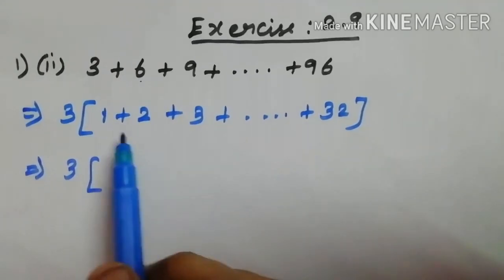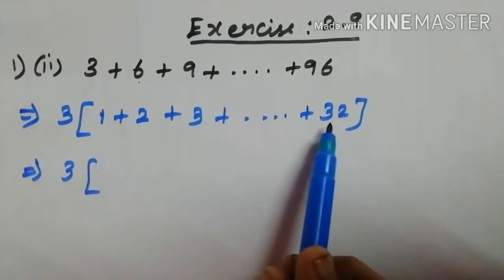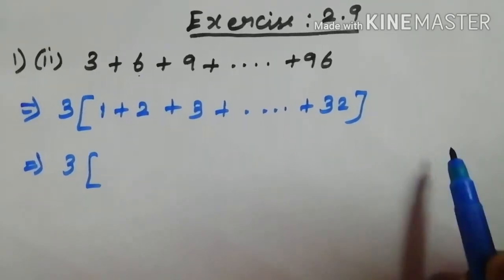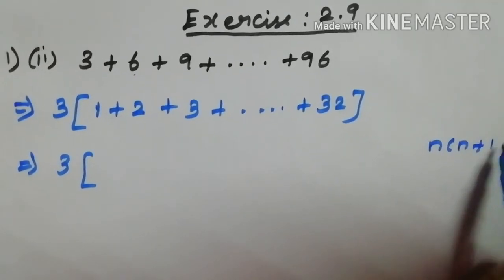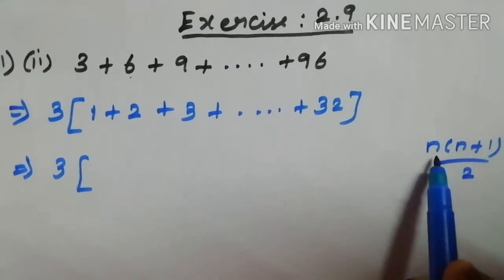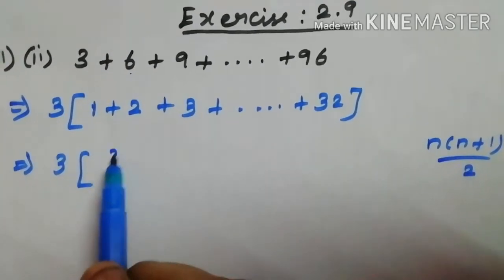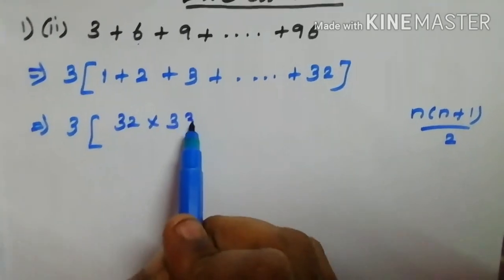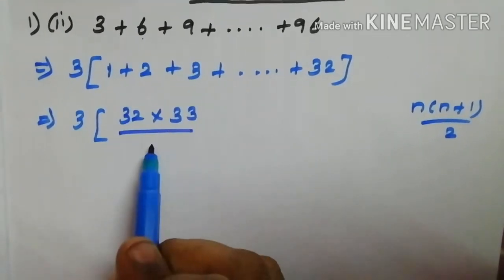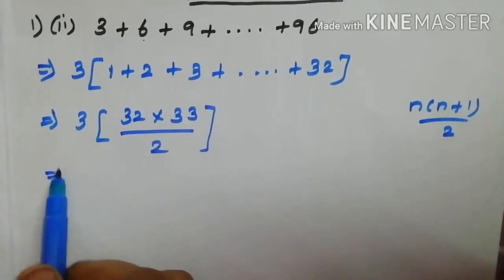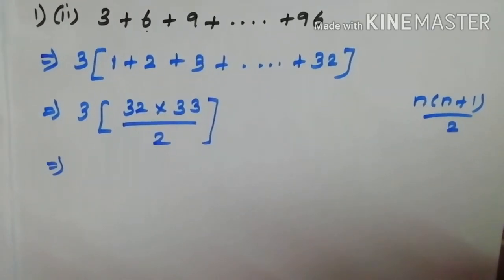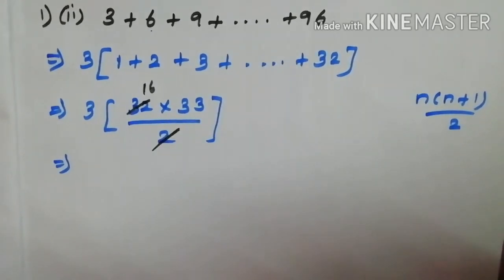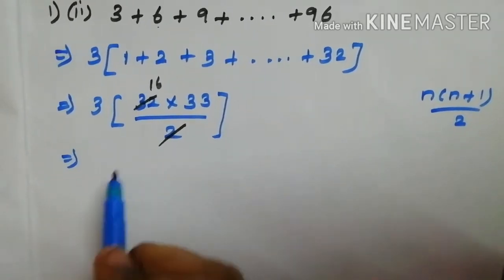So 3 into 1 plus 2 plus 3 plus etc. up to 32. This is the sum of the first n natural numbers formula, that is n into n plus 1 by 2. Instead of n we substitute 32. So 32 into 32 plus 1, we have 33, by 2. So cancelling, 16. When we multiply all the numbers we have the answer 1584.